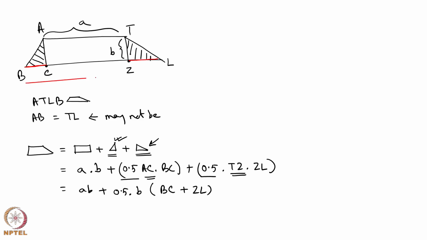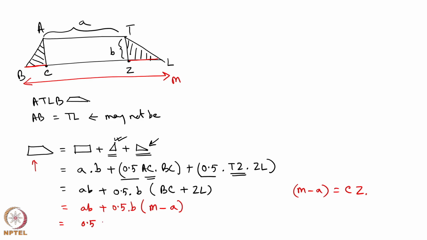Consider the BL length, this side of the trapezoid has a length of m. So, I can write this total area is equal to ab plus 0.5 b multiplied by (m minus a). m minus a is the CZ length.